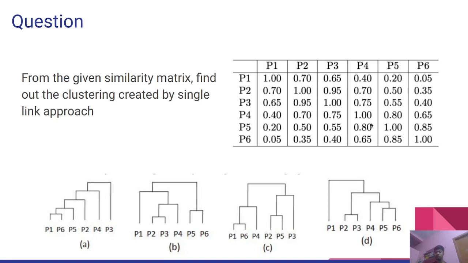These values are 0.80. So here the highest is 0.75 and here the highest is 0.80. So we have to choose this. So by this, if you are having options, you can do this quickly by elimination. I hope everyone understood that. If you have any doubts, you can ask.